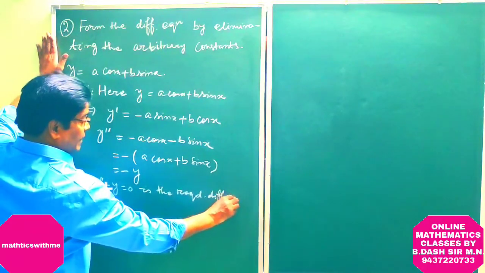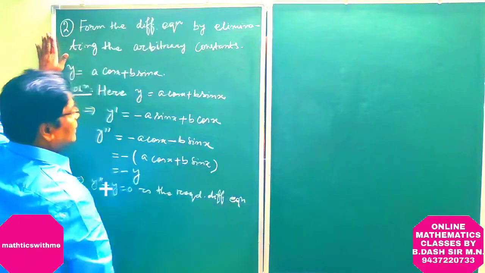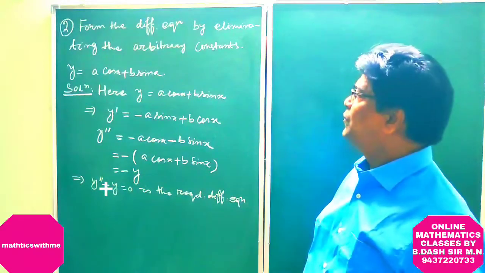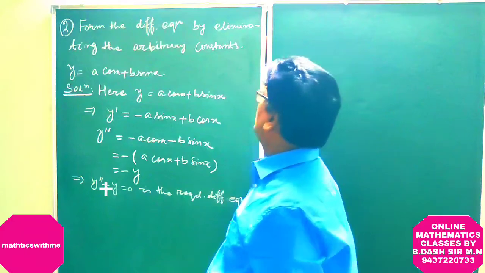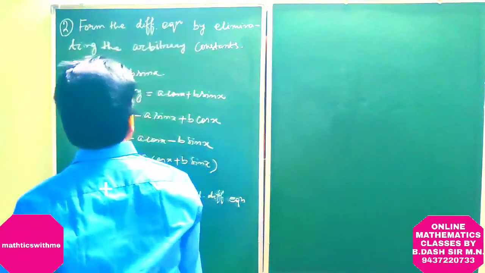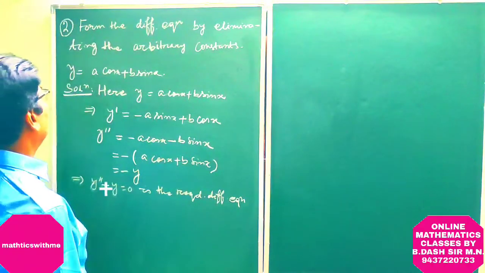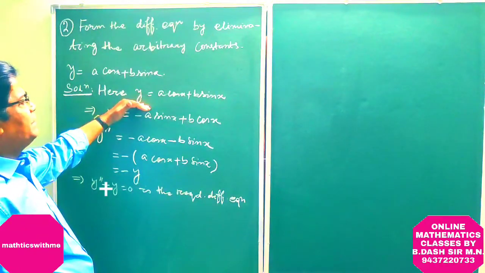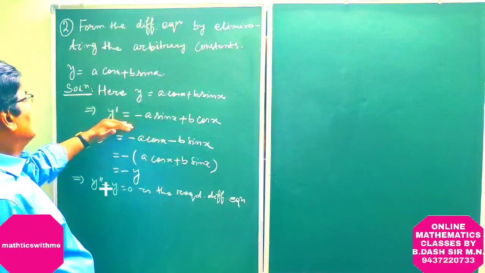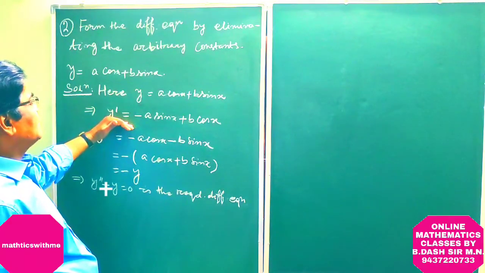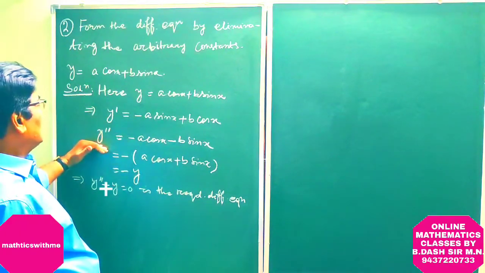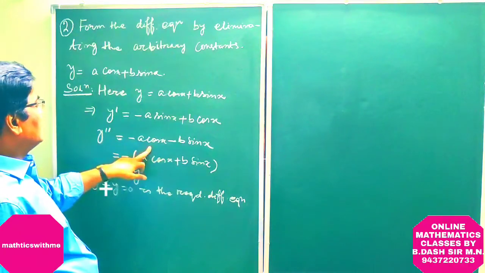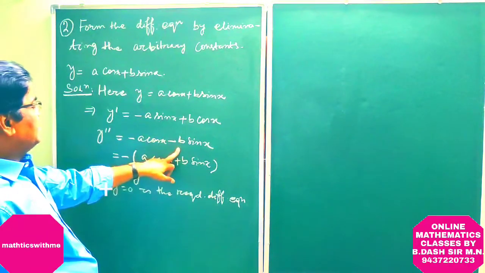So this implies y double dash plus y is equal to 0 is the required differential equation. Here the question is: form the differential equation by eliminating the arbitrary constants, y is equal to a cos x plus b sin x. So y dash is equal to minus a sin x plus b cos x. y double dash is equal to minus a cos x minus b sin x.